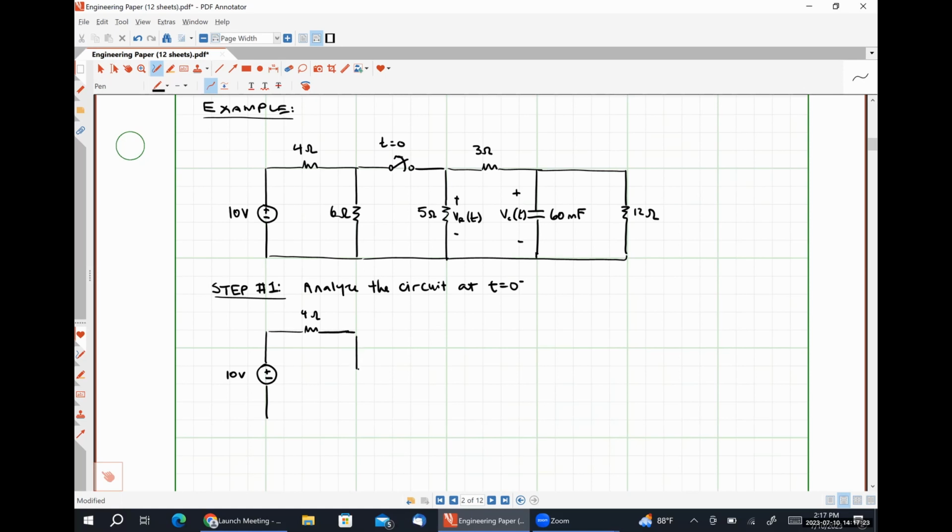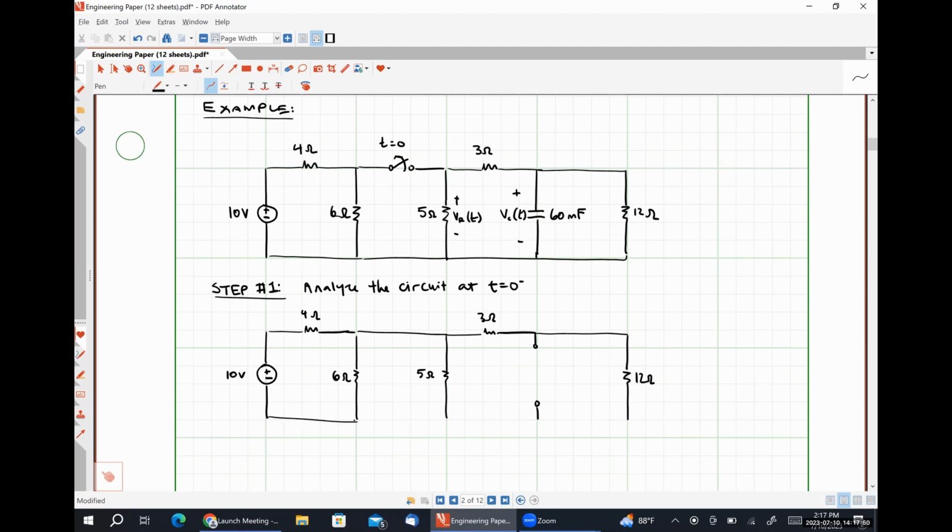Four, 6, short circuit here. 5, 3. Here's my capacitor represented by an open circuit. 12.